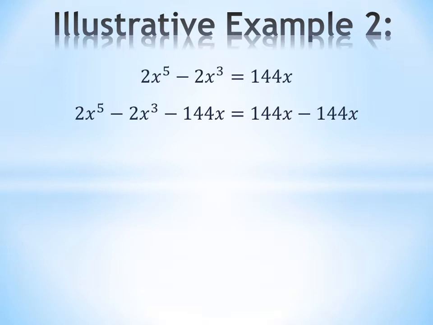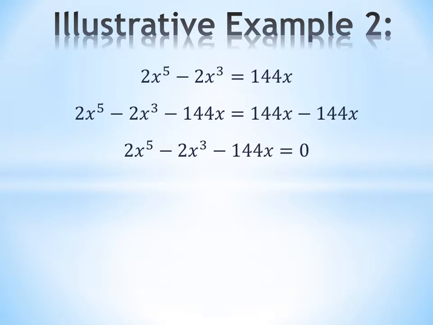On the right side of the equation, we know 144x minus 144x is equal to 0. Therefore, our new equation is 2x to the power of 5 minus 2x to the power of 3 minus 144x equals 0.